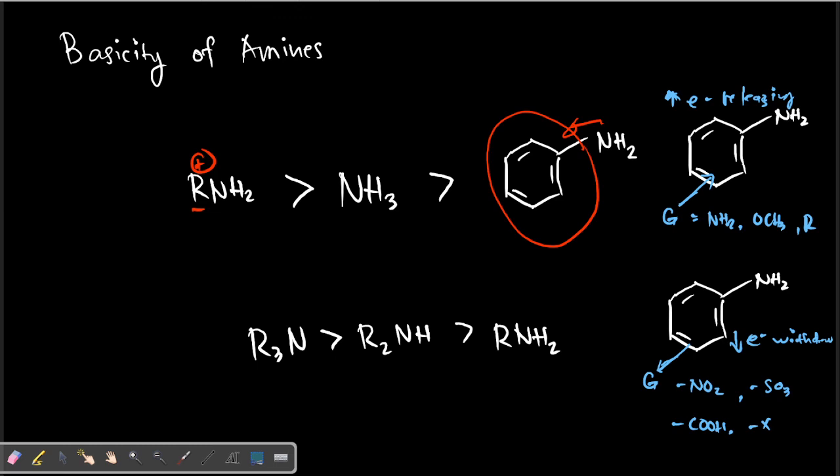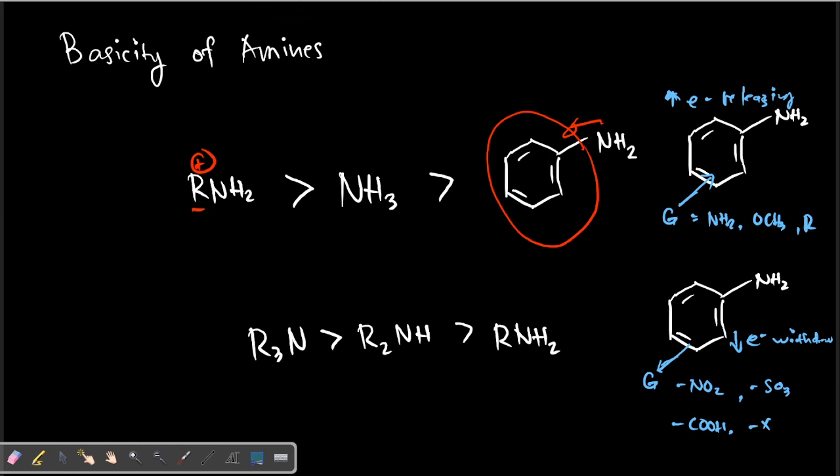So, as for aromatic amines, nagbabago-bago rin yung basicities ng ating amines. Nakadepende kung siya ba ay disubstituted. So, kung meron tayong iba pang substituents na naka-attach sa benzene ring natin, nakadepende doon kung ano yung magiging basicity ng ating aromatic amines na yun.